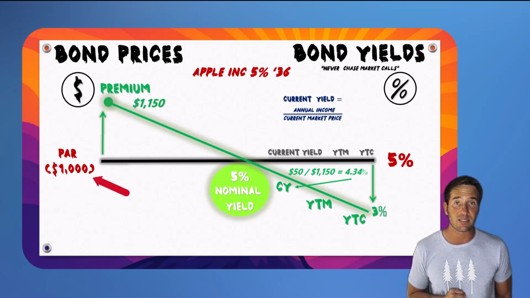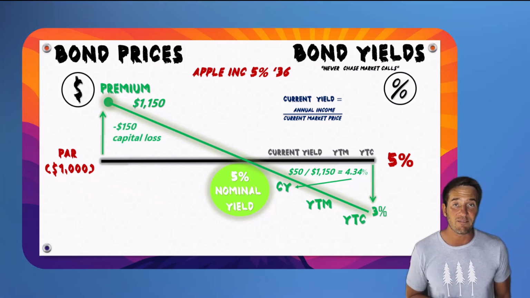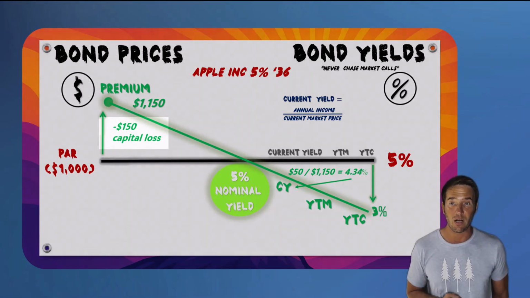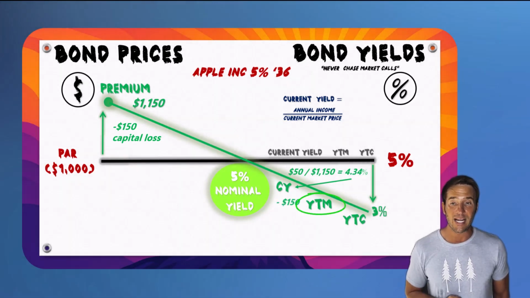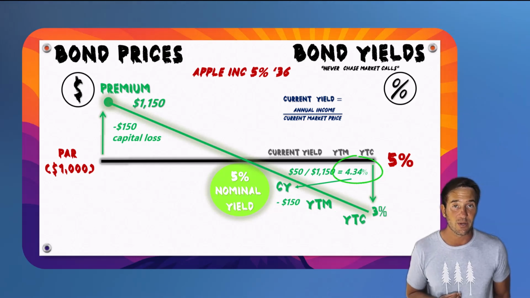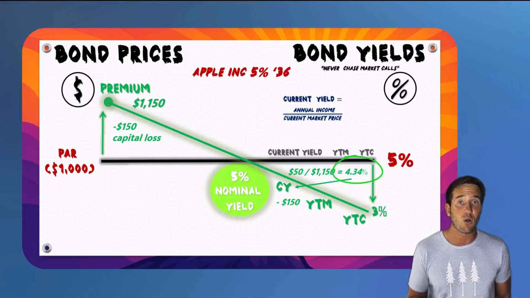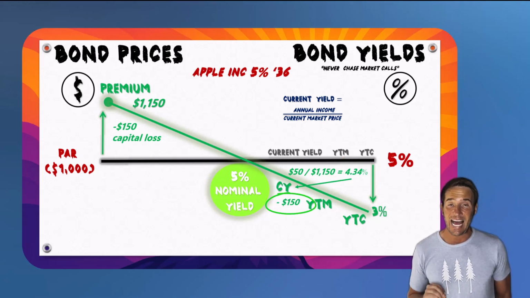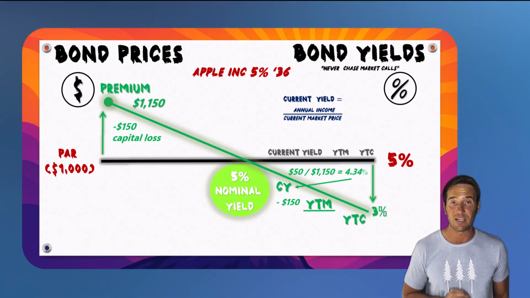I'm going to get back $1,000. So I will realize a $150 capital loss at maturity for purchasing your bond, which is why my YTM is lower than my CY. The CY is only 4.34. That's the income. Now we factor in that $150 capital loss at the end. That means my YTM is even lower.